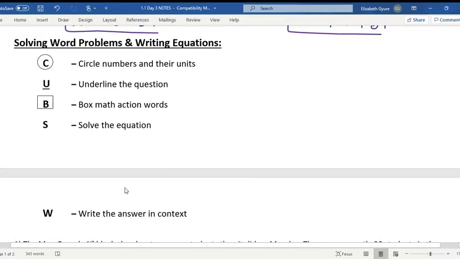Now, when I say write the answer in context, if I want to know how much lemons cost, Lynn? Yeah, I definitely mean labels, and occasionally in sentences too. But the labels are the most important. Occasionally on standardized tests, you'll be asked to explain this and write it in a full sentence. So maybe you need to say, lemons cost 32 cents a pound, or whatever it is you need to write.